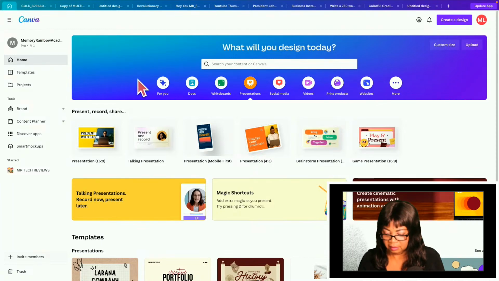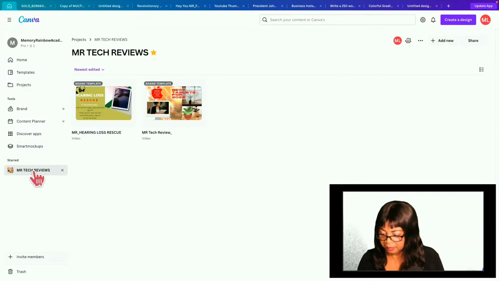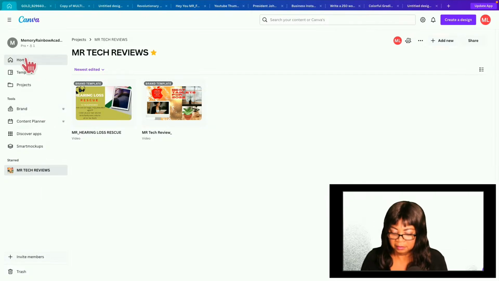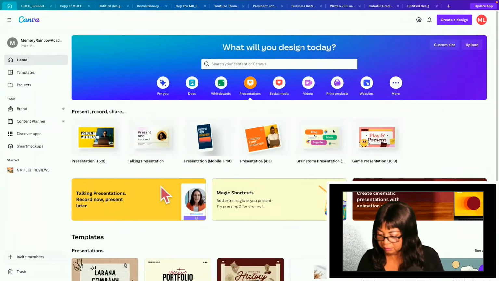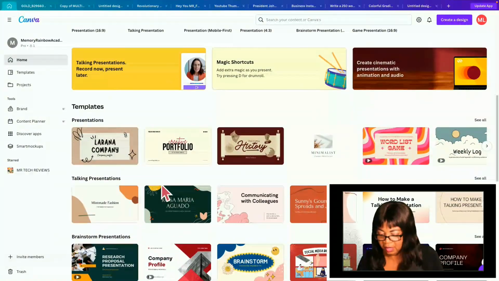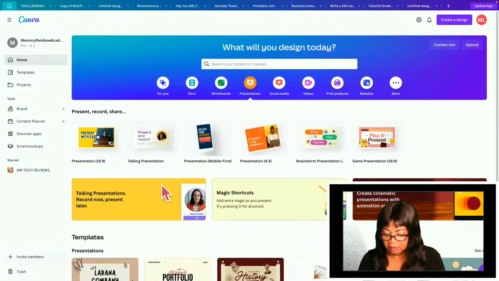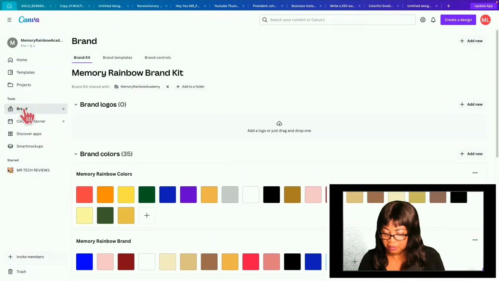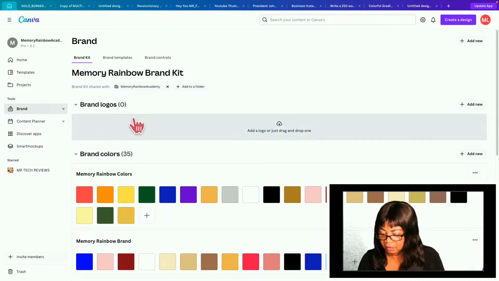And so let's see. We have here, home. So if you haven't ever used Canva, then you'll see I'm going through here just to give you an idea of what brand colors are.